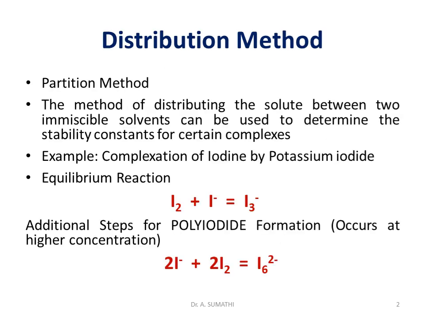Distribution method is also called the partition method. So here we are going to involve a solute. That solute can distribute between two immiscible solvents. So two immiscible solvents are nothing but they cannot mix with each other.